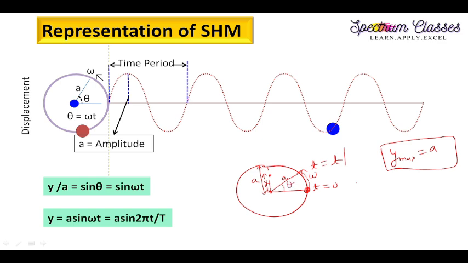So what will be the value of this theta? Theta will be equal to omega t, because the particle P, which at time t equal to 0 is here, is moving with angular velocity omega, because this is the radial path. So after time t it is forming an angle theta.